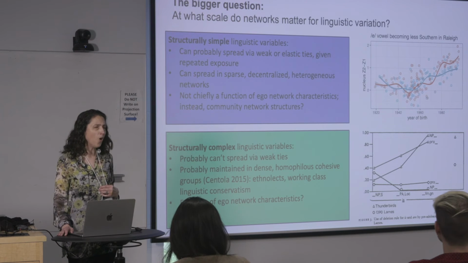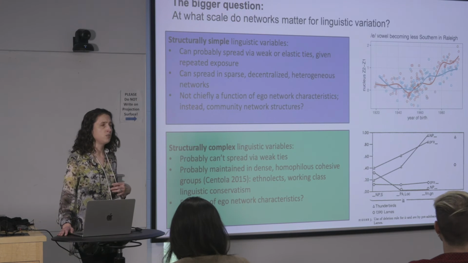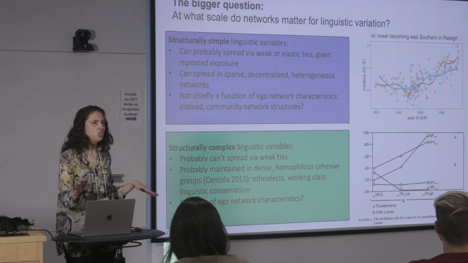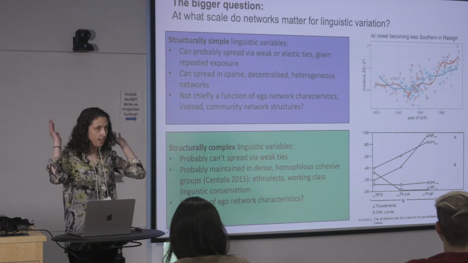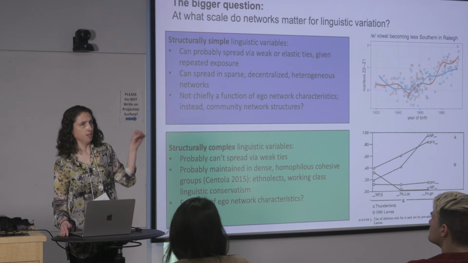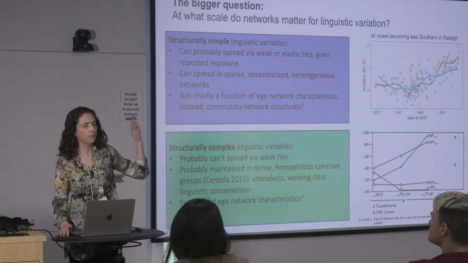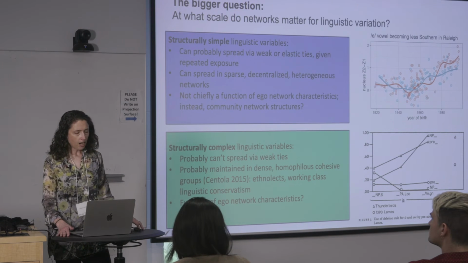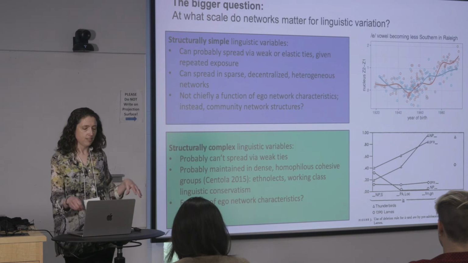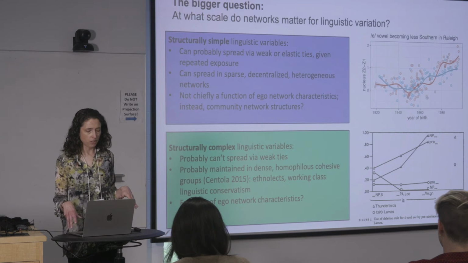To acquire their complexity, because it's not like anyone's teaching you, right? At no point in Raleigh does anyone in school go, okay, everyone, it's bad, not bad, ask, not ax. You just have to acquire that by hearing it over and over and over. I think you have to be in some kind of dense homophilous part of the network.